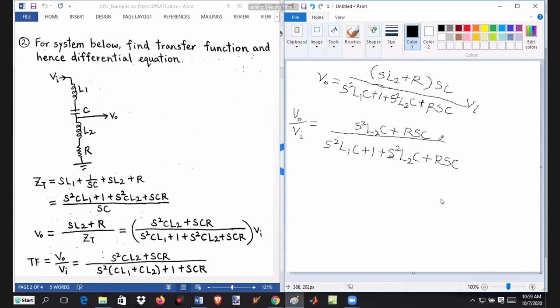This is the transfer function. So we get the transfer function.